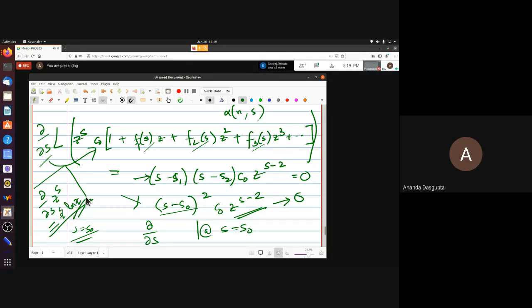So this approach will give you the logarithmic solution. End of story. Okay? So that will have a piece which will have a log in it plus another power series. Clear?